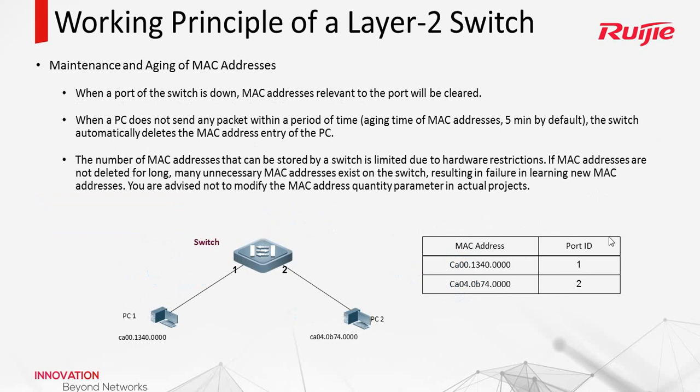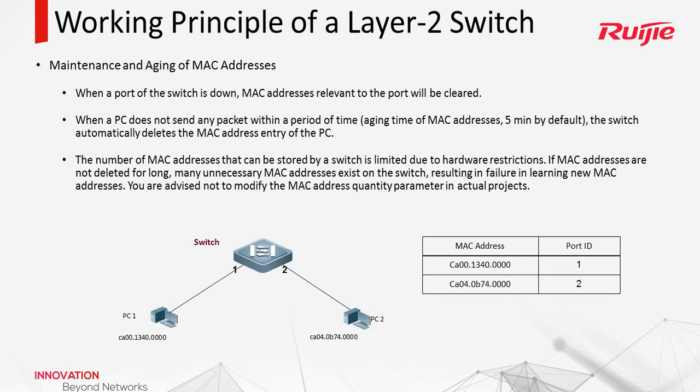But maybe you're wondering, will the MAC address exist forever? If it is true, we know that every entry will occupy certain resources. And if all of these MAC addresses exist in the switch forever, the switch will not learn new MAC addresses.